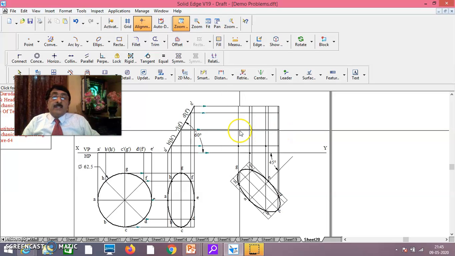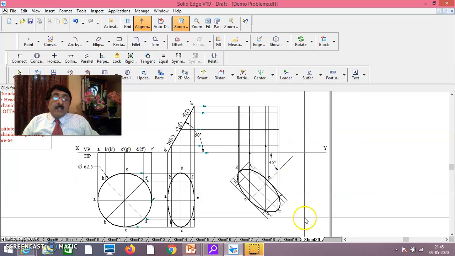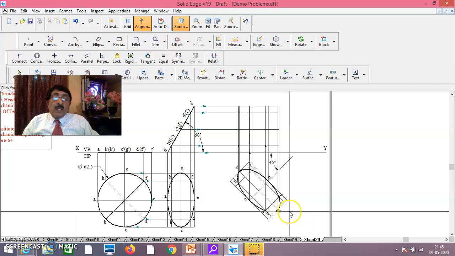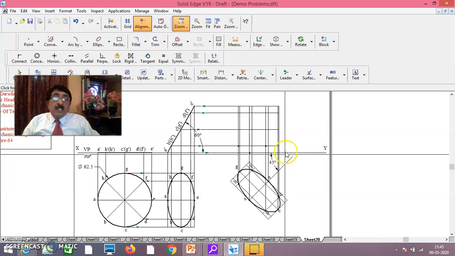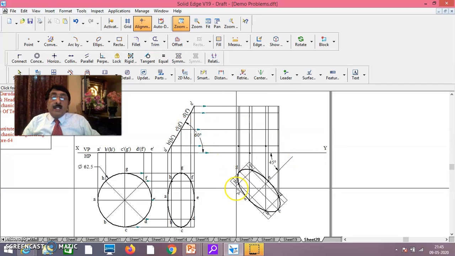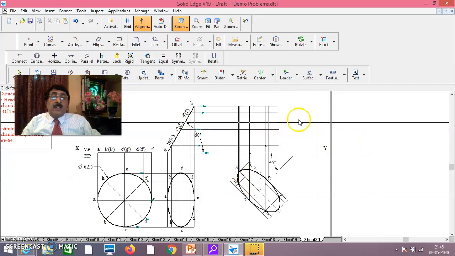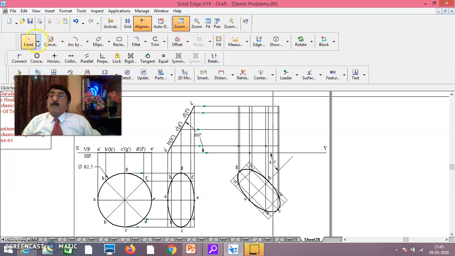Second and seventh, I think, C and G. Okay, C you are taking from here. C is the second, and G, if you see, it is the seventh. In that way, you take the point command.